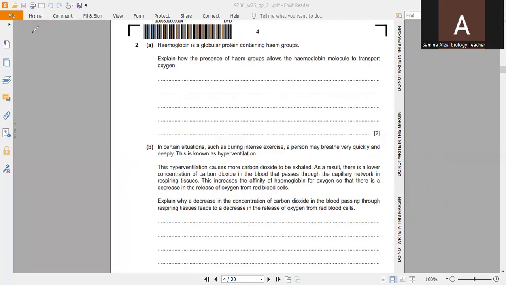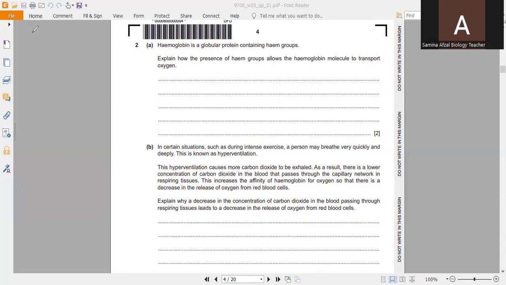Students, you know that hemoglobin has 4 chains because it is a globular protein which consists of 4 polypeptide chains, 2 alpha chains and 2 beta chains. Each chain contains one heme group, and the heme group makes a bond with the oxygen molecule.